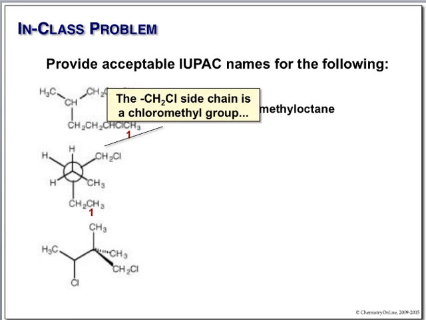We have carbon 1, 2, 3. On carbon 3, we have this CH2Cl. We're going to call this a chloromethyl side chain. Now, we don't need to call it a 1-chloromethyl because a methyl group only has 1 carbon, doesn't it? So, we don't need the 1, but this is a chloromethyl side chain. 3, chloromethyl pentane.